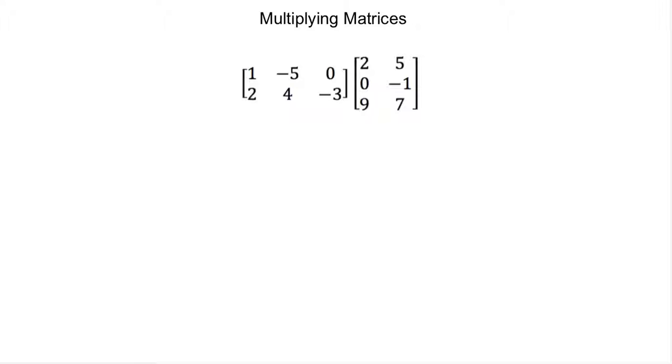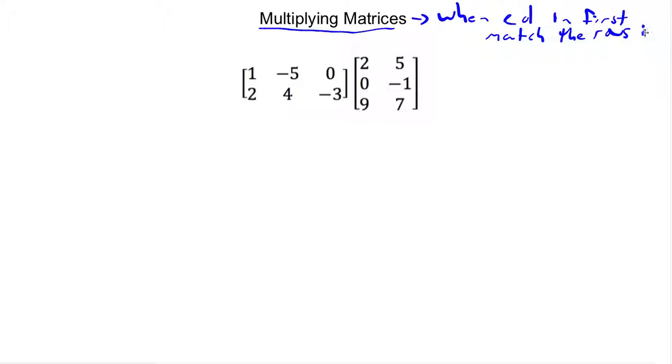Now with multiplying matrices, we have to be careful because we can only multiply two matrices together when the columns in the first match the rows in the second. What does that mean? Well, if I look here, this is a 2 by 3 matrix.